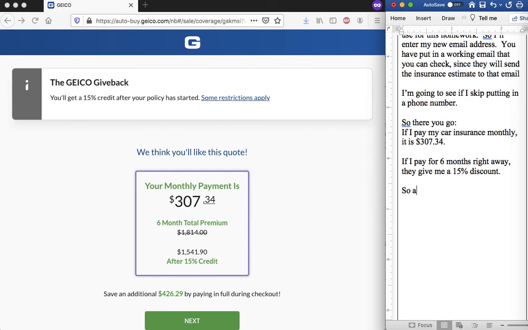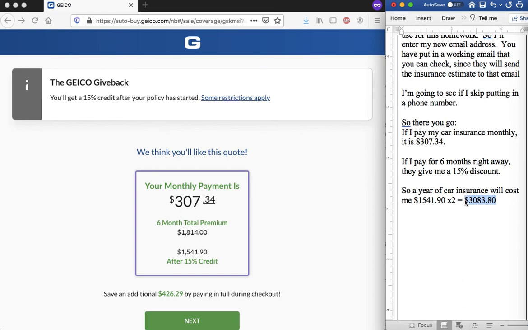So a year of car insurance will cost me $1541.90 times 2, which is equal to $3,083.80.